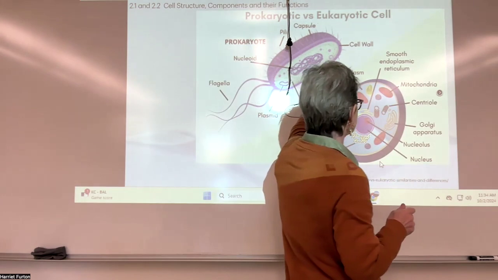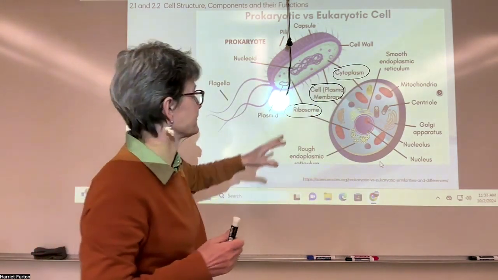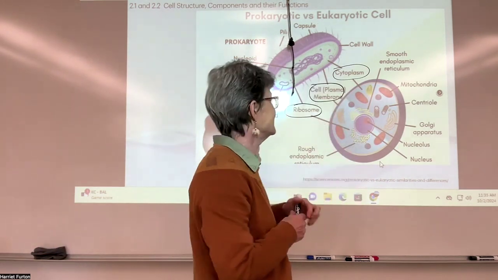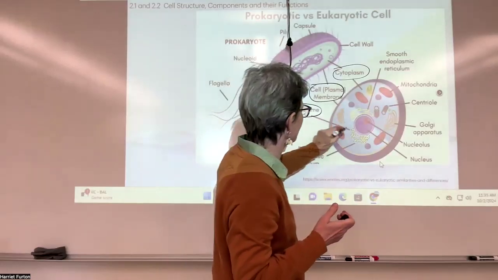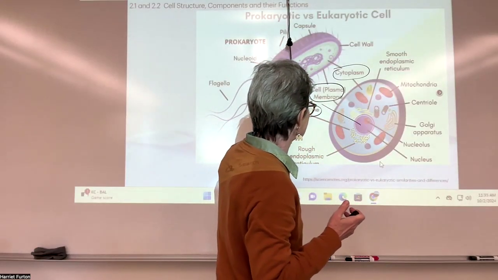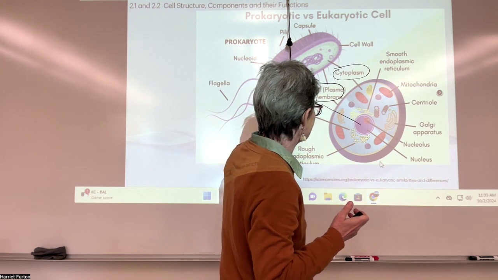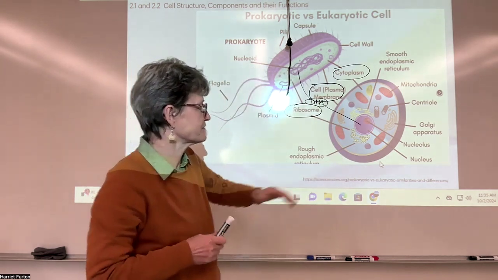The next one is the cytoplasm, the gooey-ish material inside of the cells. And the last one that I would like to point out is DNA. So this is the same for both of them.